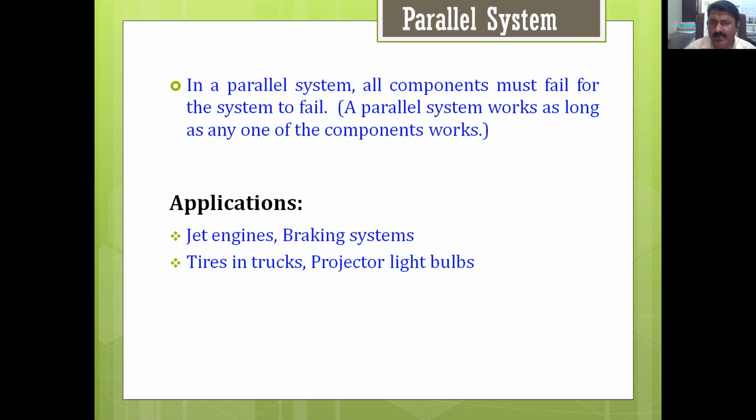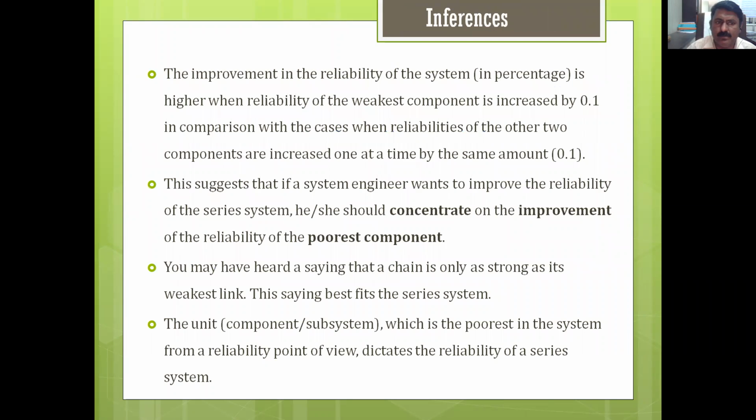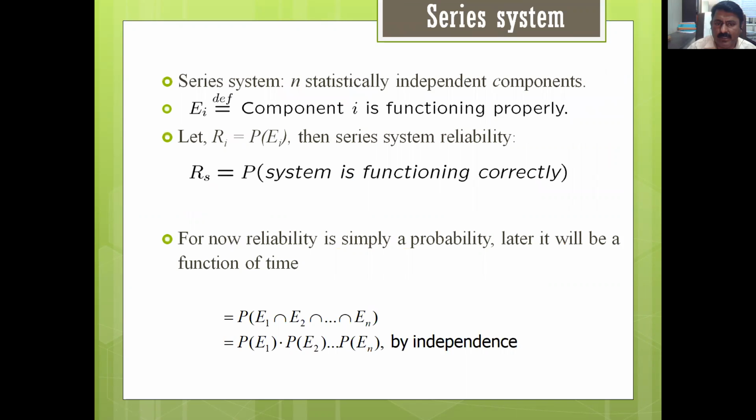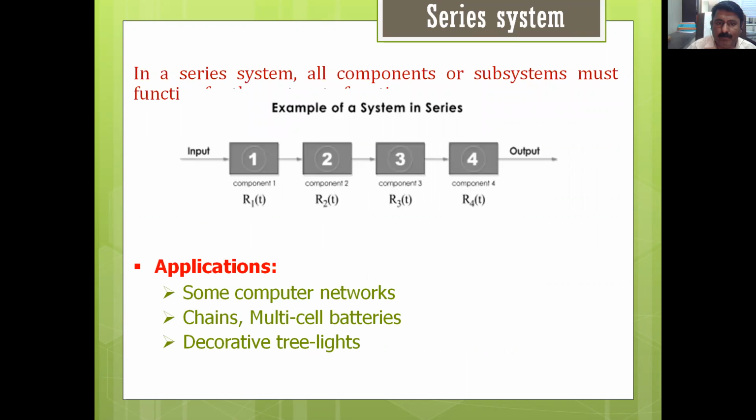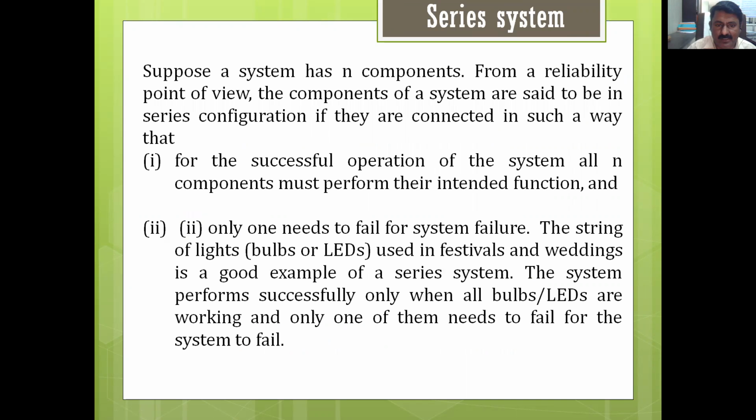So, in the last lecture, we discussed the series system, and we have solved some examples. In the series system block diagram, all the components are connected in series, and all n components should perform the function.